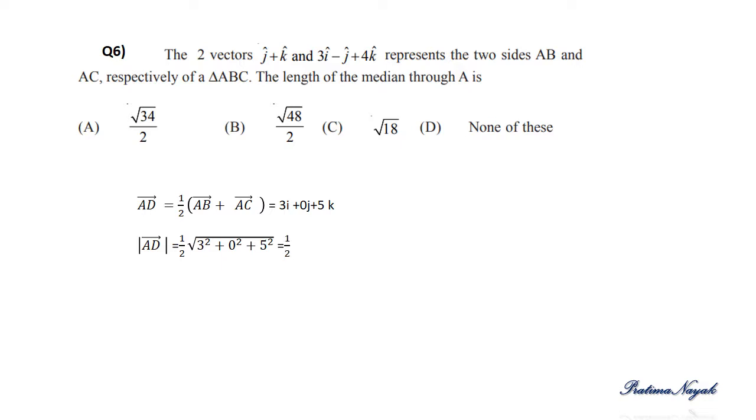Now get AB vector plus AC vector, it will be 3i plus 0j plus 5k cap. Now its magnitude will be under root of 3 square plus 0 square plus 5 square. It will be under root 34 by 2.